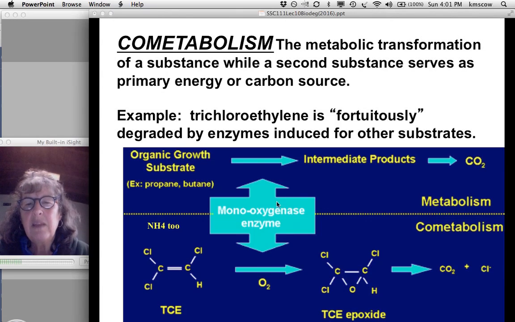And that same enzyme complex will also transform the trichloroethylene into an epoxide, which is a very unstable form of molecule, which just disintegrates then into CO2 and chloride. And you can see that's mineralization going on there.